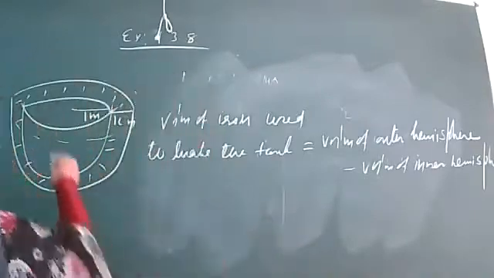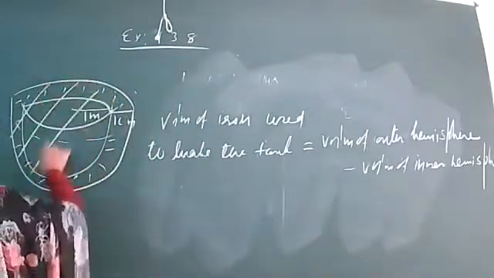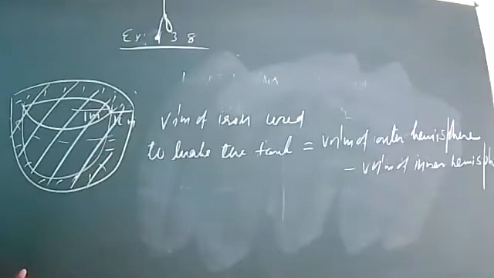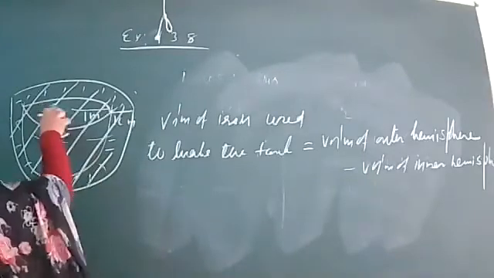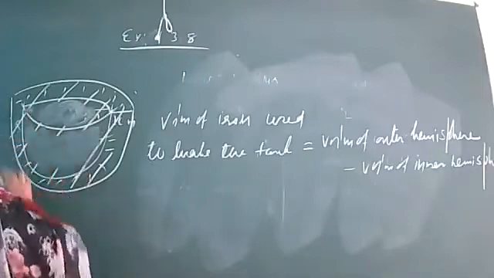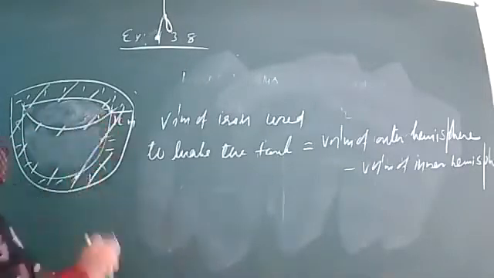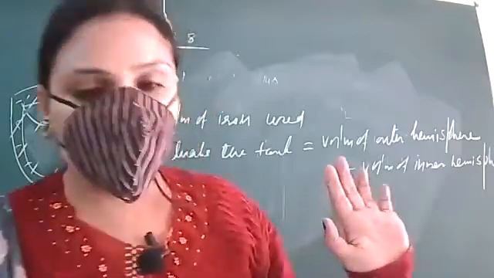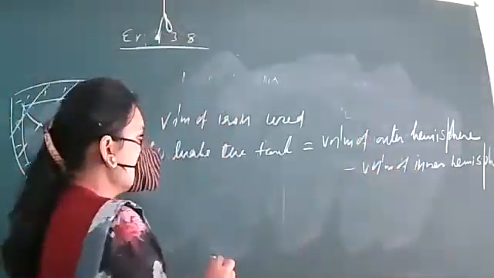Now see, when we subtract from this whole volume the volume of the inner side, whatever is left, that will be the iron which has been used to make this hemispherical tank. Chaliye, let us use the formula.